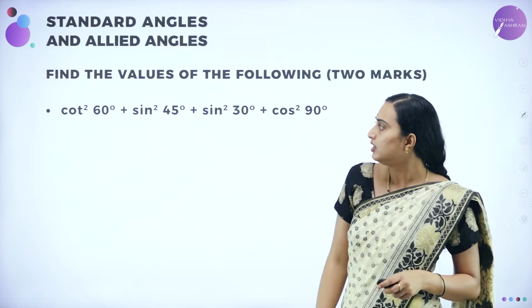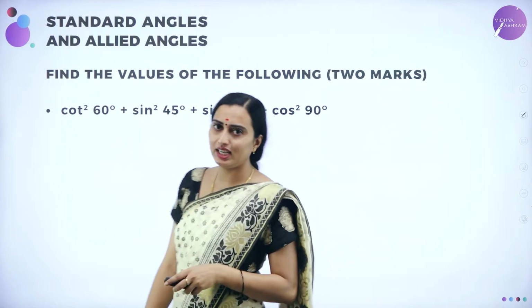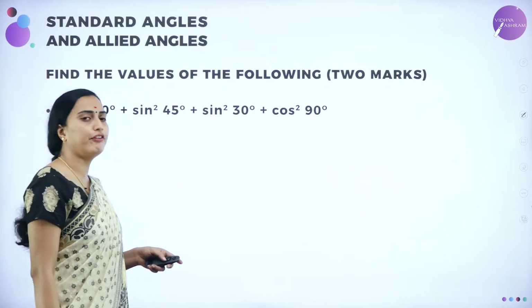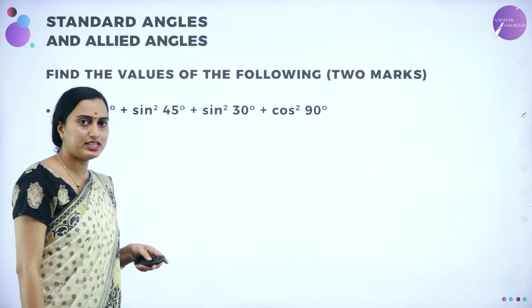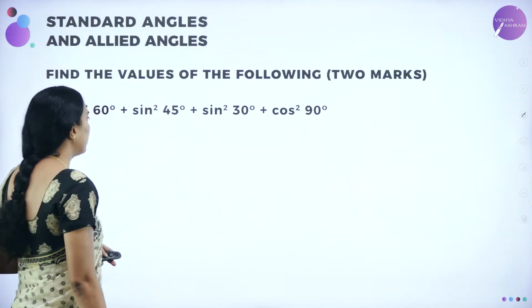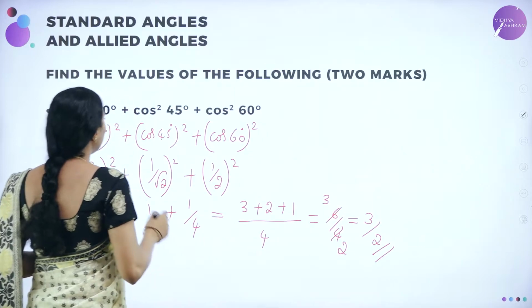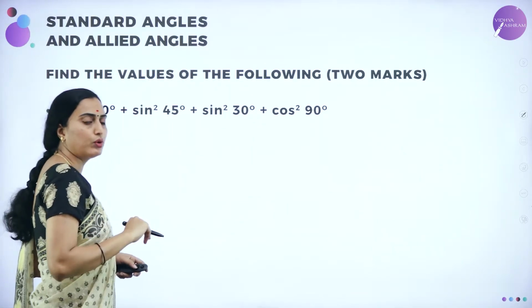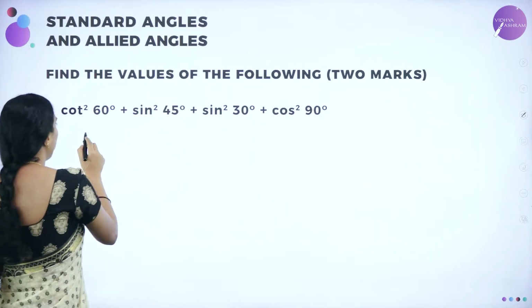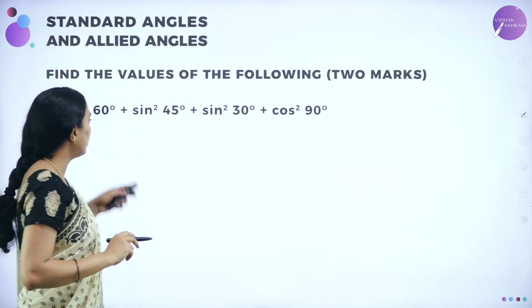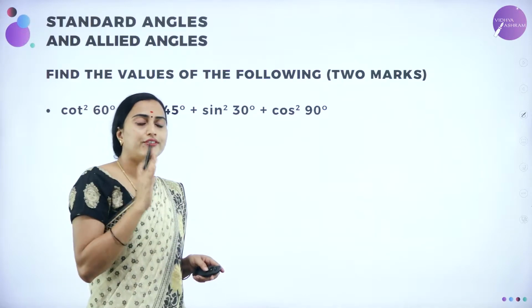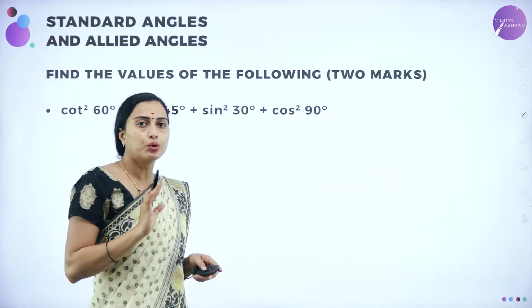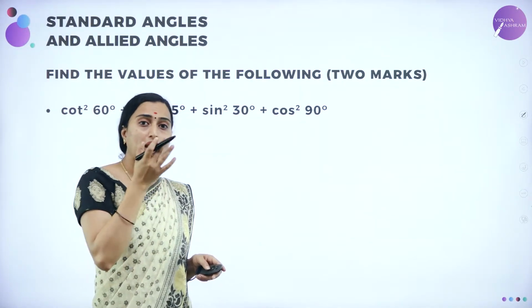What have they asked? Yes, cot squared 60 degree plus sine squared 45 degree plus sine squared 30 degree plus cos squared 90 degree. You know already, cos 60 degree is 1 by 2. So here they have given not cos, cot. Cot 60 degree you are going to have as: if tan 60 degree is root 3, what is cot 60 degree? 1 by root 3.